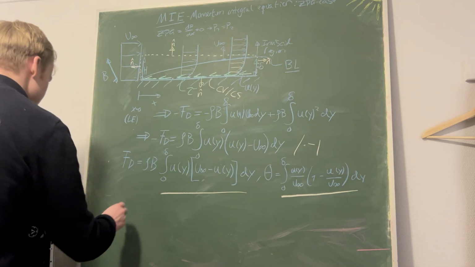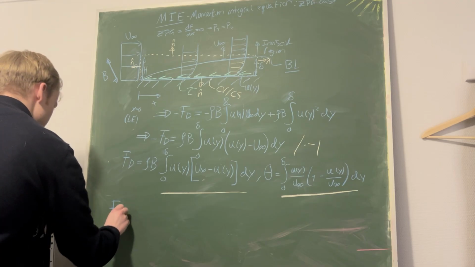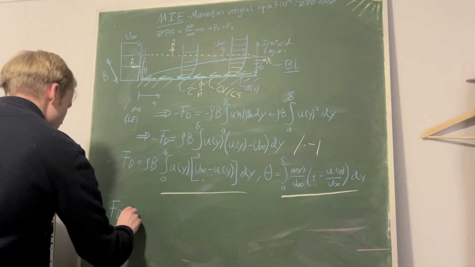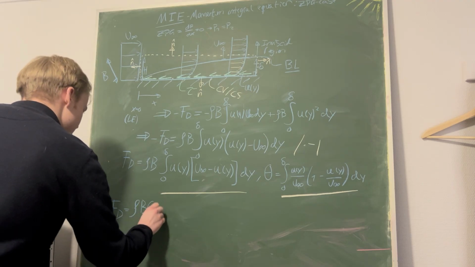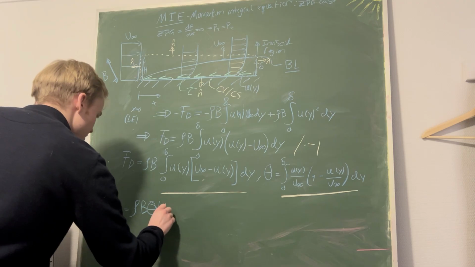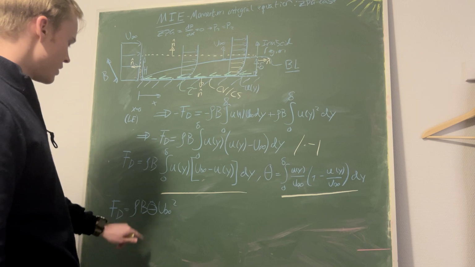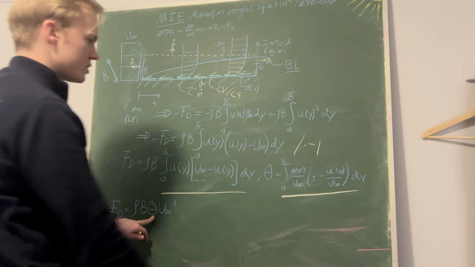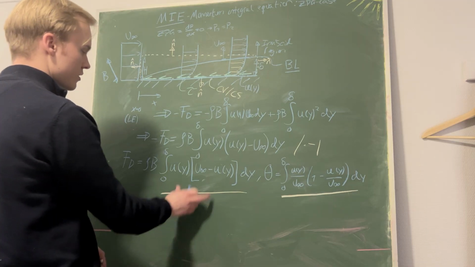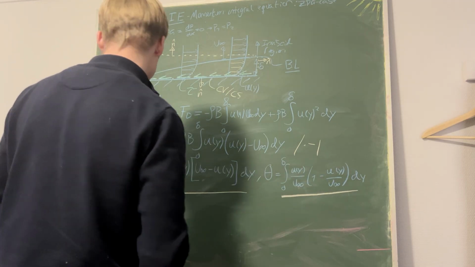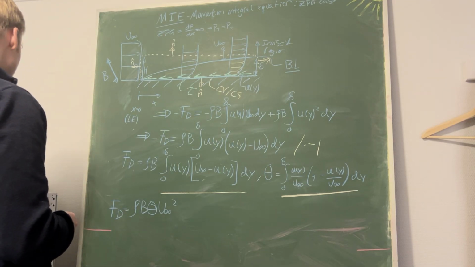Okay, Fd is rho b theta u infinity squared, because we have rho b here, which comes from here, and then we have theta, which is this one, but we are missing a u infinity squared from this compared to this. Okay, and now we are getting somewhere.